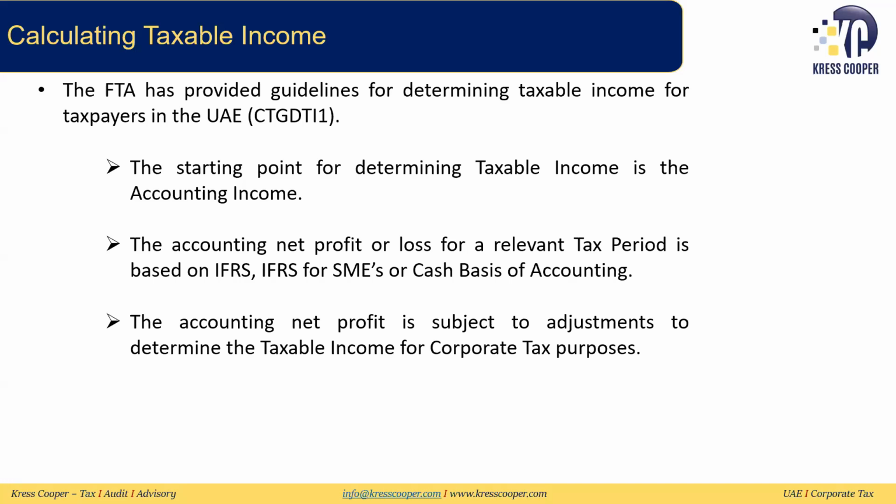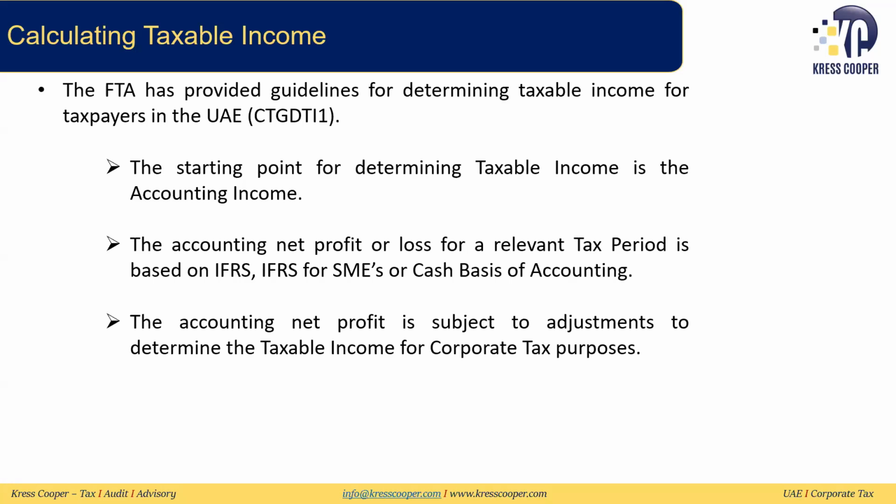Now, one thing we need to be careful about is the calculation of revenue, for example, whether it is below 3 million, below 50 million, or above 50 million. You need to make sure that any revenue included from transactions with related parties, where you have sold to a related party or given services to a related party, is at arm's length, and then see if the 50 million threshold is being met or not.